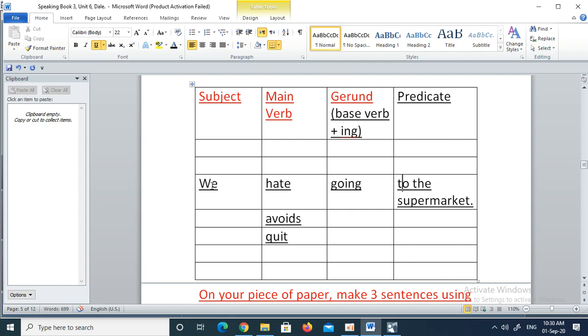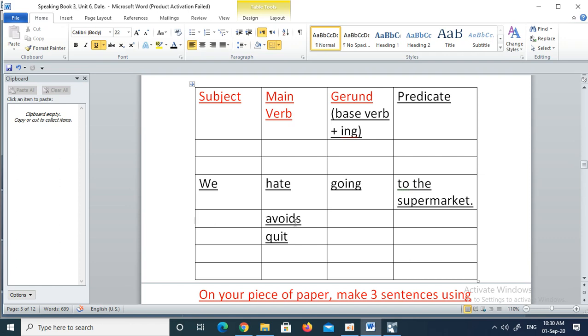Whatever answer you give me, it has to have a subject in block number 1. It has to have the main verb hate. It has to have a gerund, which in this case is the main verb go plus ing, but you can give me some other gerund. And then it has to have a predicate that makes sense.